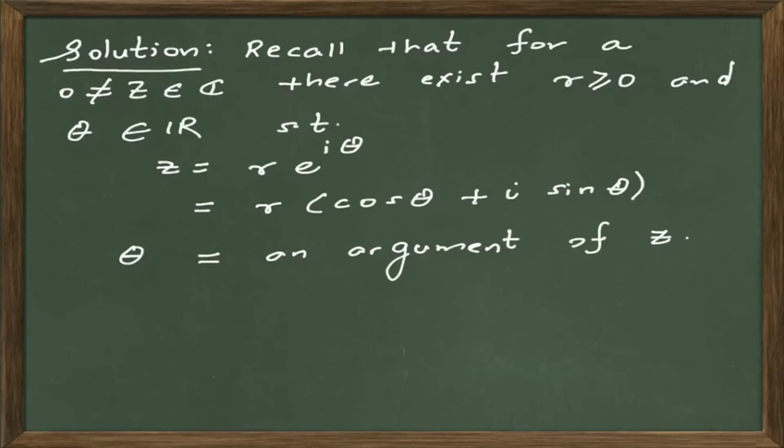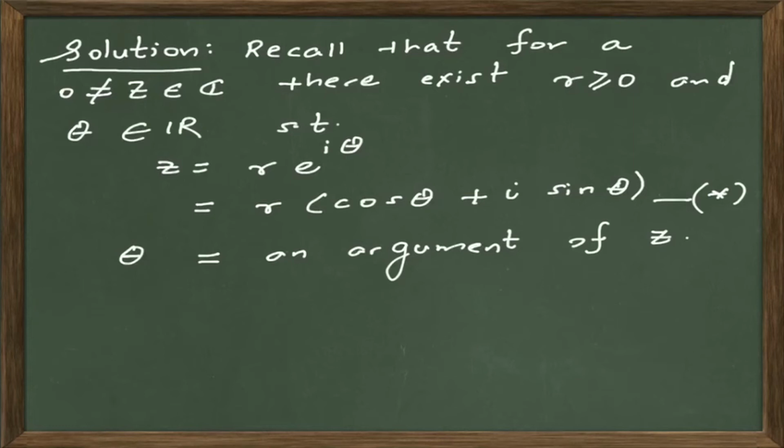Since the trigonometric functions are 2 pi periodic, it is clear from the equation star that this theta need not be unique. To make it unique, we define what is called the principal argument of z. To define this, we fix any semi-open interval of length 2 pi on the real line and define the principal argument of z to be the unique theta satisfying star that lies in that semi-open interval.